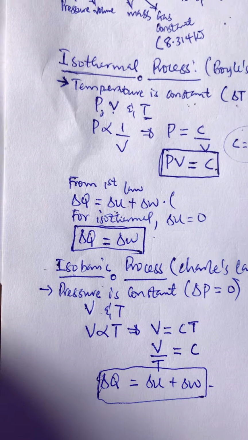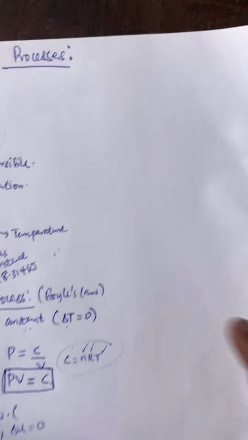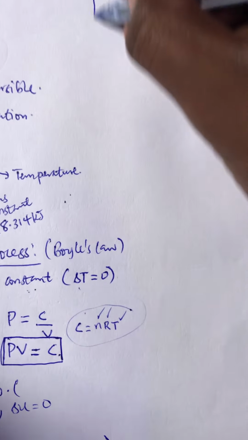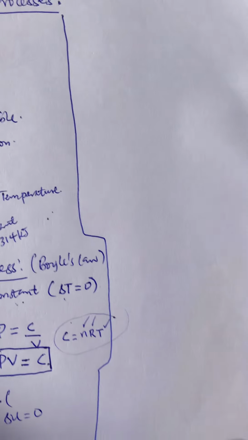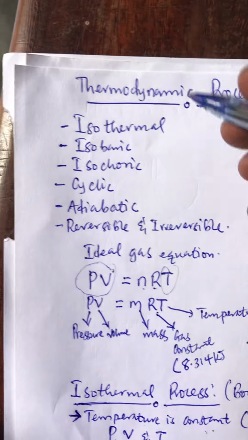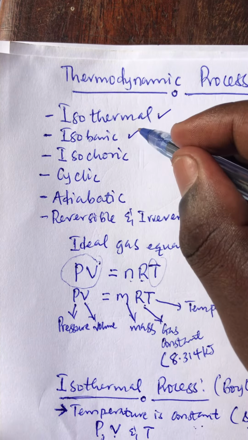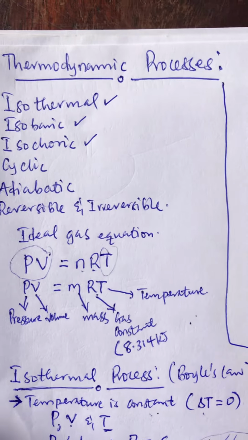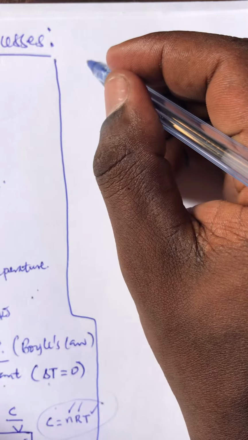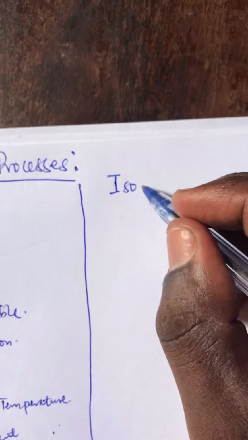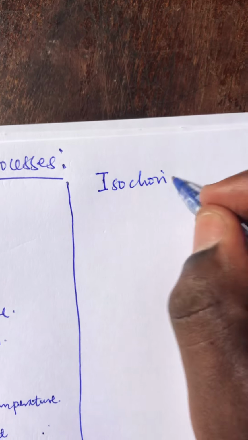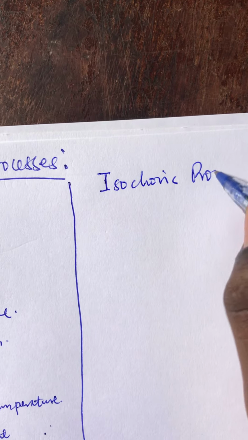So after looking at the isobaric process, we can go on and look at what we call the isochoric process. So we have finished the isothermal and isobaric, so we are going to the isochoric.